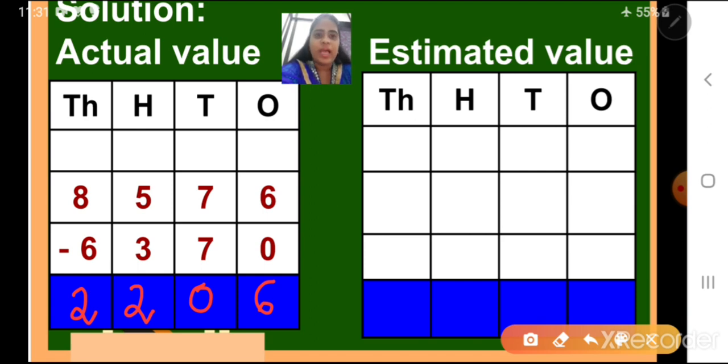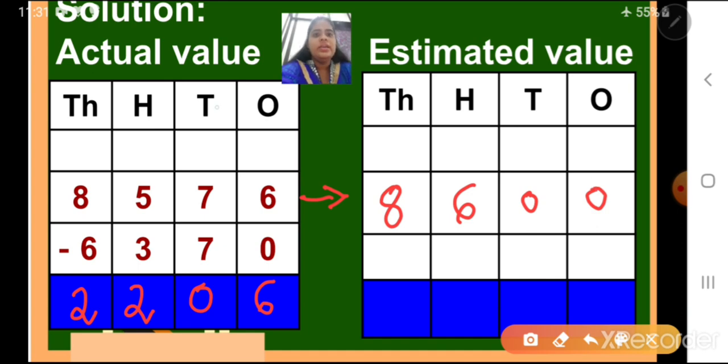Now let us find the estimated value. For estimated value, we have to round off the numbers. So first we will write the minuend. If I round off this number to the nearest 100, it will be 8600.